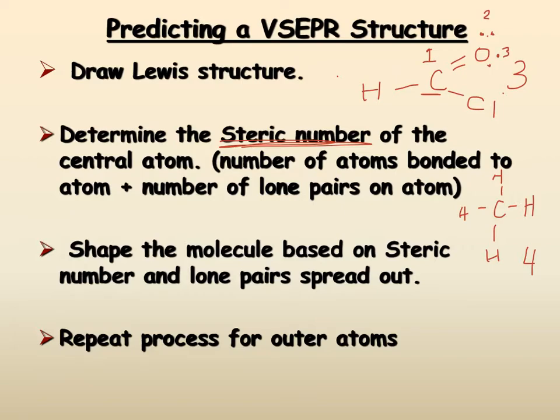Whereas chlorine, with its lone pairs drawn on, would have a steric number of 4. 1 for the carbon bonded to it, and then 3 for the 3 lone pairs. Alright? This is going to come in the next few slides. The rules behind how things are shaped. Now, if you have a very complicated molecule, where you have more than just one central atom, then you may have to repeat this for the attached atoms.